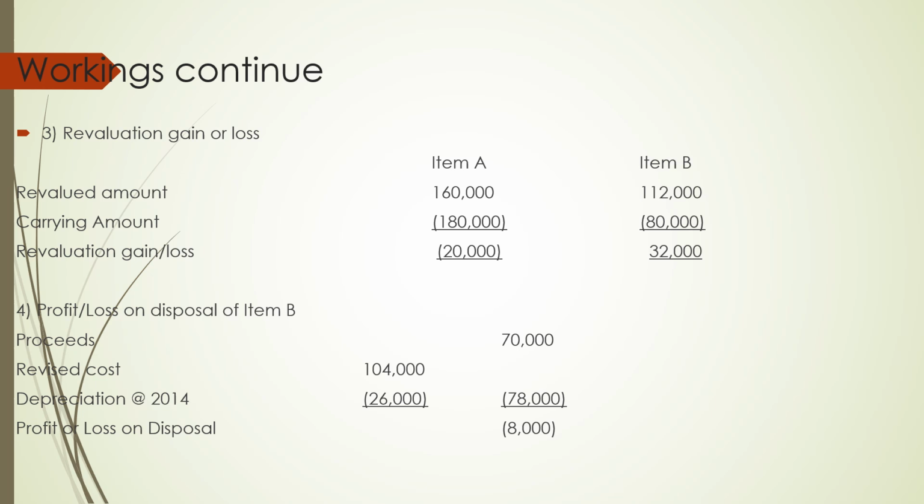At the date of the sale, the item had a cost of 104,000. We've gone through the calculation of the 104,000, and then the depreciation for that item at that period was calculated as $26,000.